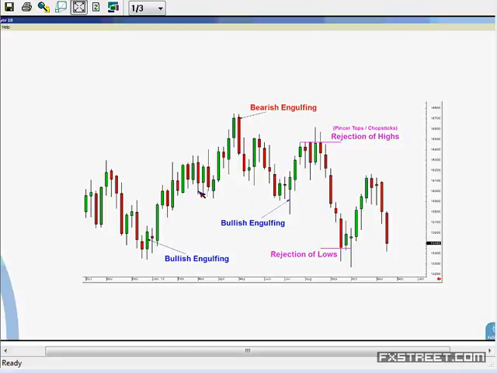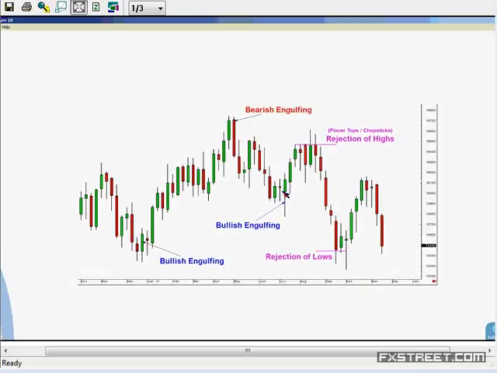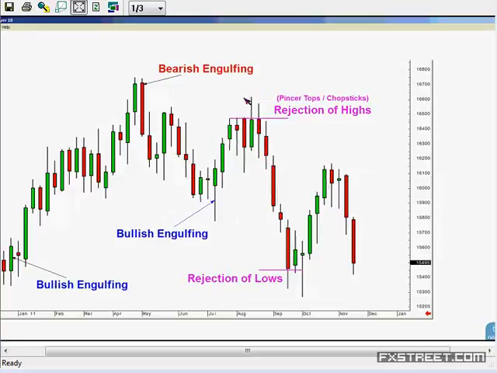Again, down to the previous area of support. Here's our area of support here. Spikes through the area of support and then gives us a bullish engulfing pattern after a doji. Okay. Market then moves up. You can see here, this was a previous area of resistance. Okay, we've got rejection of highs, pincers or chopsticks.